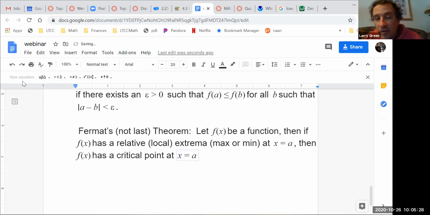So a is a critical value for f. So it means that if we're going to look for the relative extrema, the relative max or relative minimum, then we do the 3-step process.